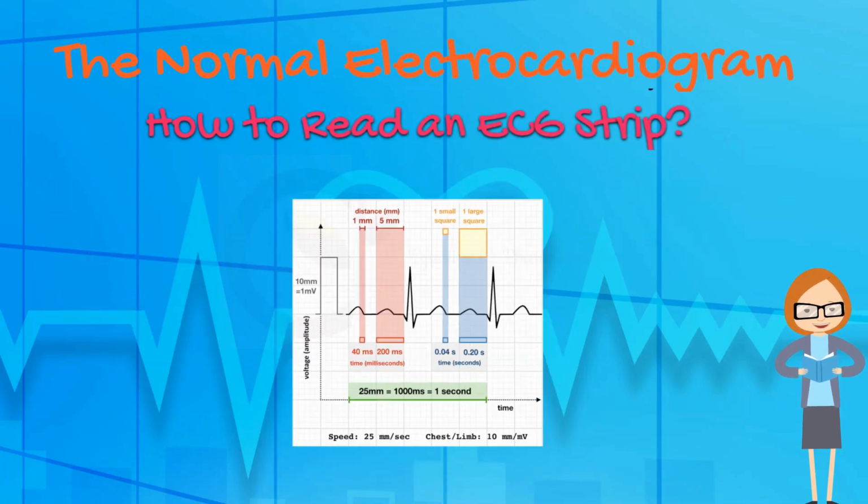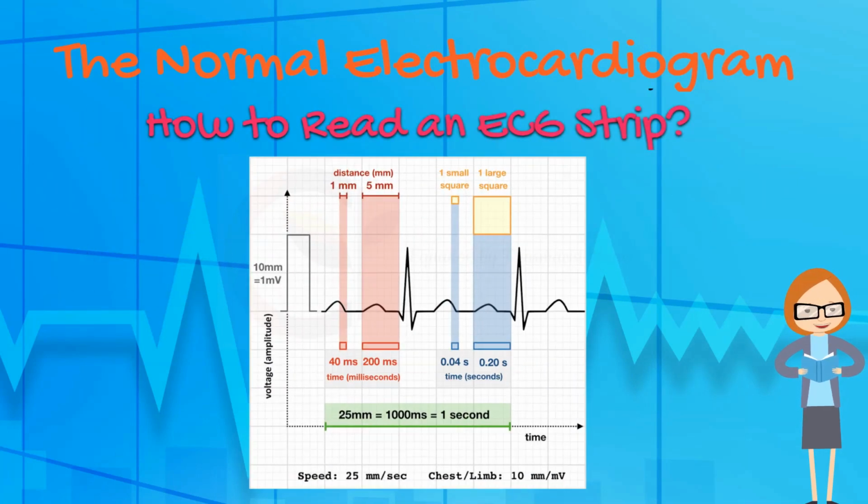How to read an ECG strip. ECG paper commonly moves at 25 mm per second, thus, each small box, that is 1 mm, is equivalent to 0.04 seconds, or 40 milliseconds, and each large box, that is 5 mm, is equivalent to 0.2 seconds or 200 milliseconds.